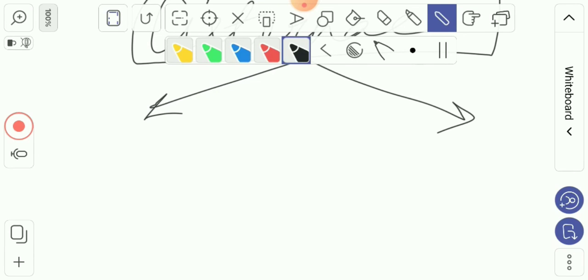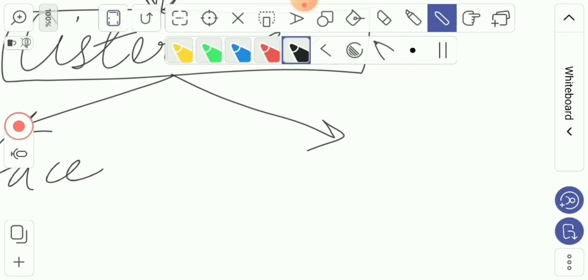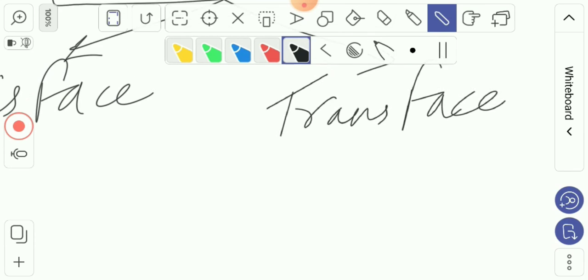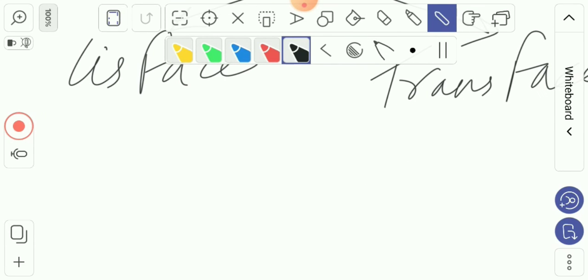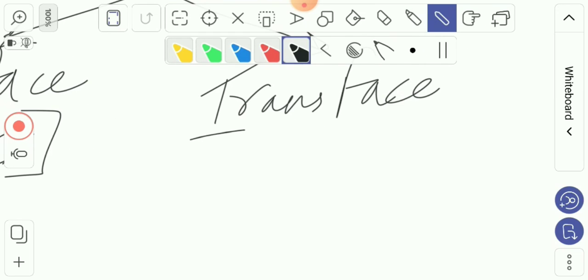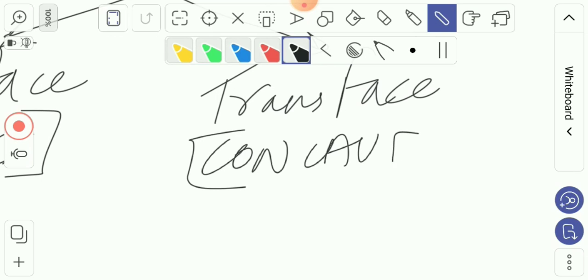Okay, cis phase, trans phase. Okay, and the cis phase is the one that is convex, and trans phase is concave.